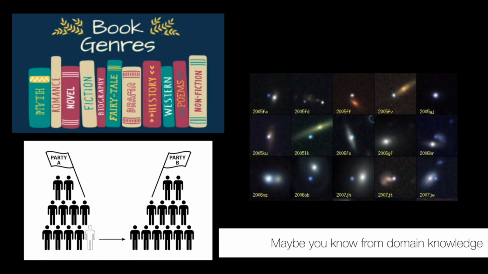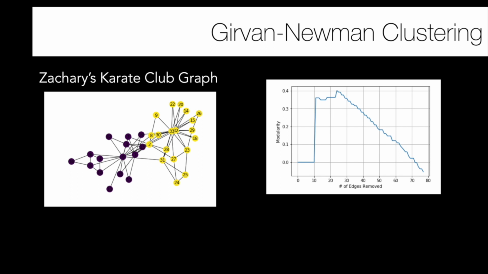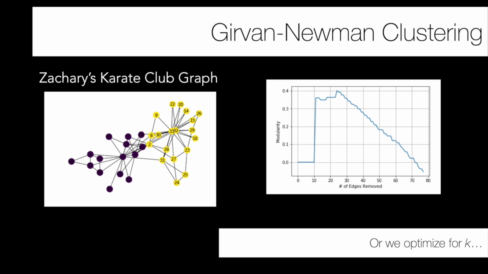Another example is looking at different kinds of celestial objects, comparing galaxies and quasars. Well, if you're not a galaxy, you're a quasar, so the k value here is 2 just by the domain. And there are other ways you could get this from domain knowledge or some restriction in your data, restriction in your context.